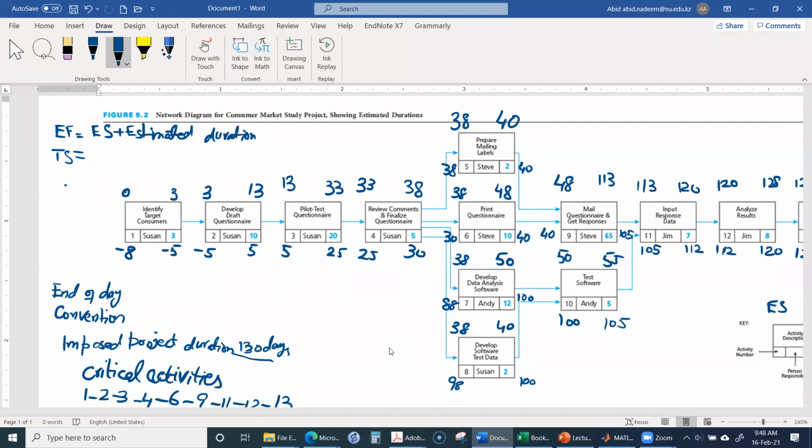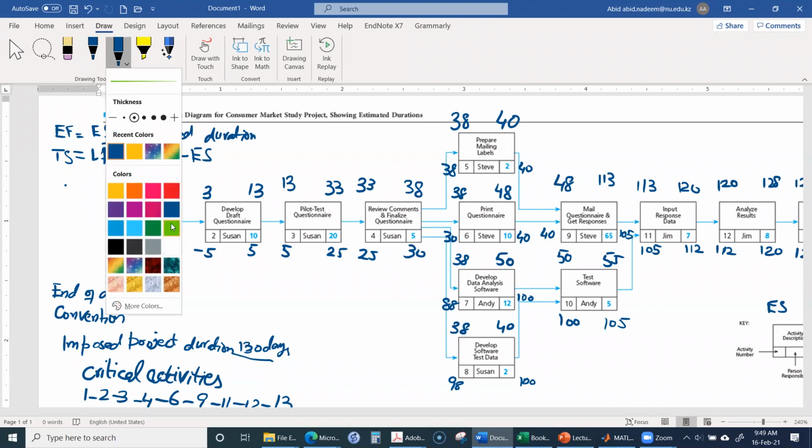It is the latest start time minus the earliest start time, or it is also equal to the latest finish time minus the earliest finish time.